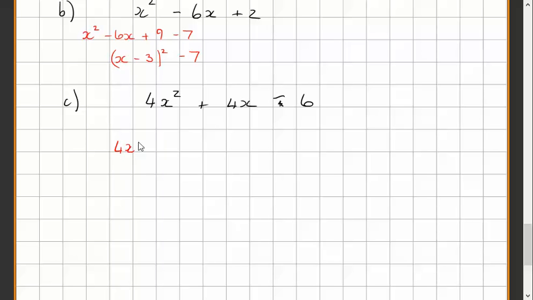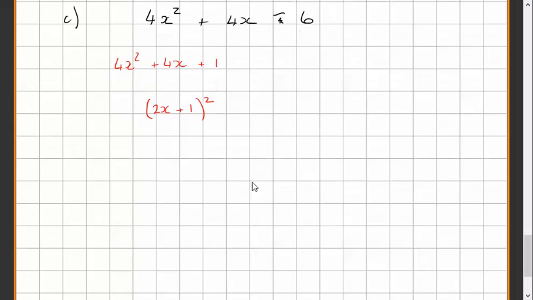4x squared plus 4x, okay, what would that be as a perfect square? Well, we saw it before as plus 1, and that would be 2x plus 1 squared. Now, just to address what some of you were doing, you wrote 2x plus 2 squared.